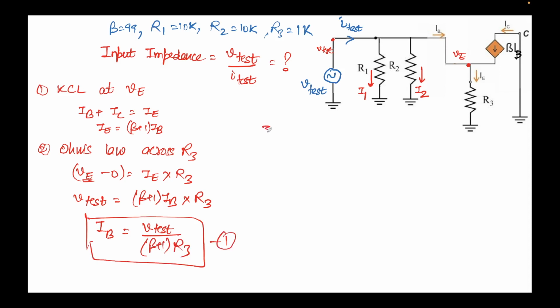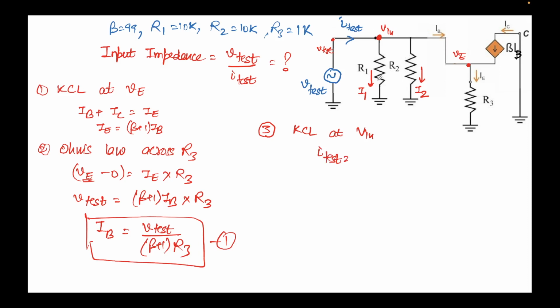Now in step 3, I'll apply KCL at this node. Let's call this the Vn node. KCL at Vn. We'll put all the incoming current. Incoming current is nothing but I test, the incoming current in blue that we see here.